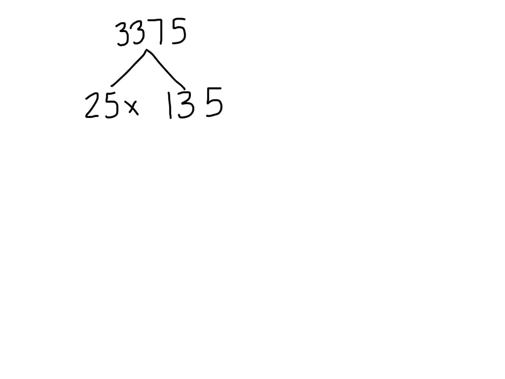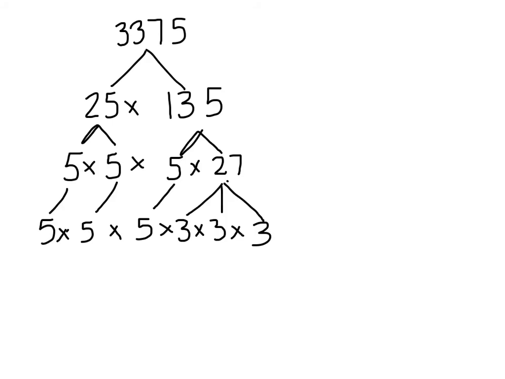And just to give you a second example here, if we started with 3,375 and we start to factor that, we would have 25 times 135, and I know that neither one of those is prime, so I'm going to keep factoring it. And then I get this string of factors that I have down here at the bottom. When I'm done, I have 5 times 5 times 5 times 3 times 3 times 3. And with the commutative property, I know that I can switch those numbers around and do them in any order that I want.